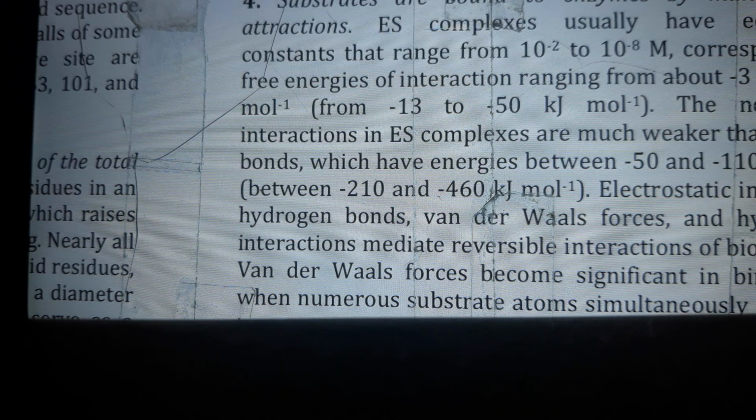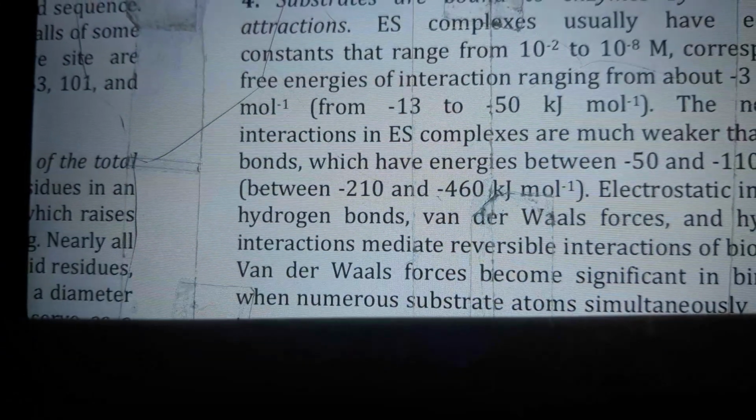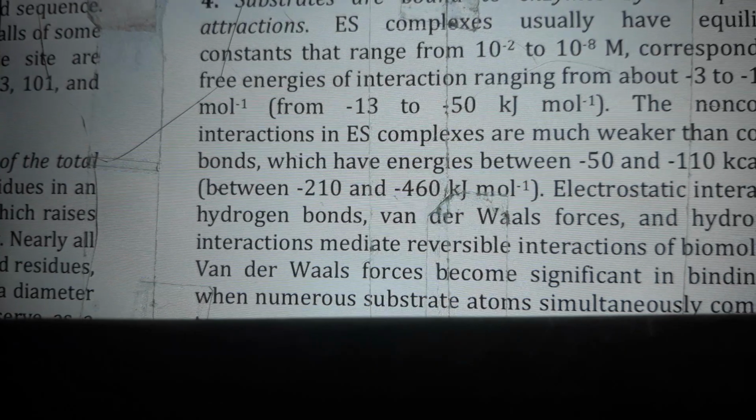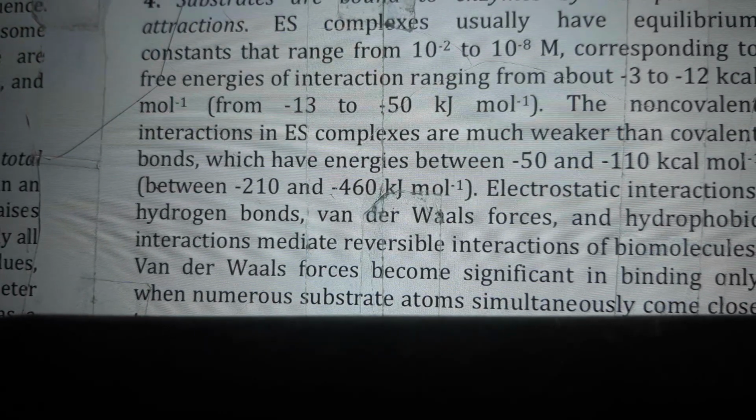ES complexes usually have equilibrium constants that range from 10 raised to 2 to 10 raised to minus 8, corresponding to free energies of interaction ranging from about minus 3 to minus 12 kilocalories per mole, or from minus 13 to minus 50 kilojoules per mole.